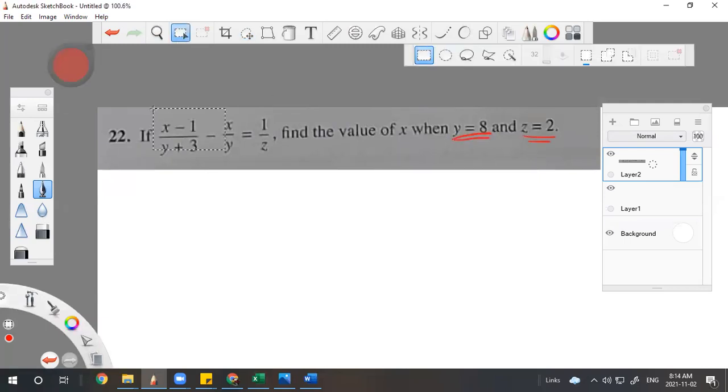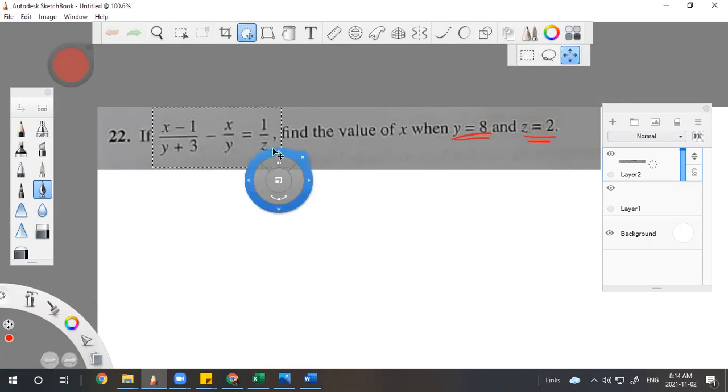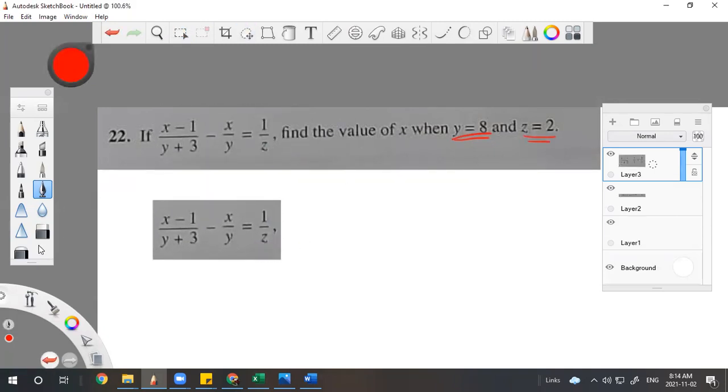I will copy this below, and I will change the y as 8. Every y as 8. See, gue udah malas mikir, udah malas tulis. Every z is 2. Oh, only one z. Ya udah taruh aja.